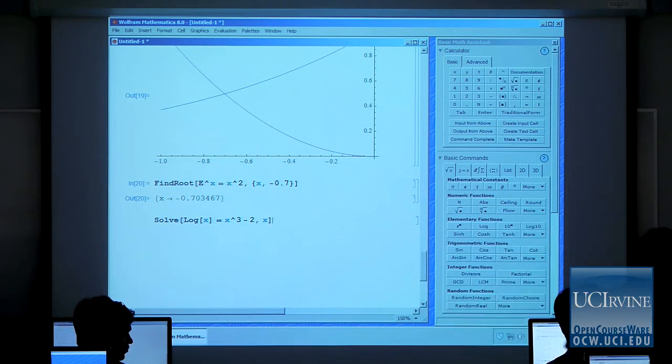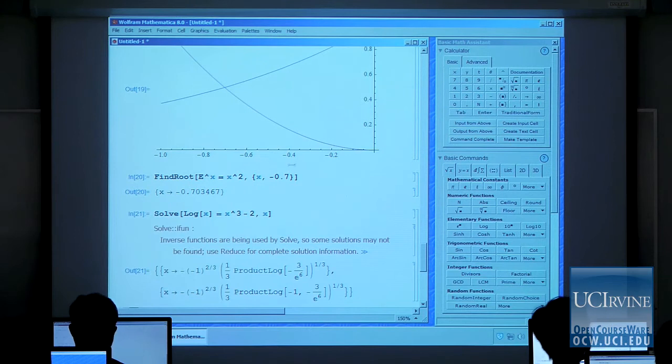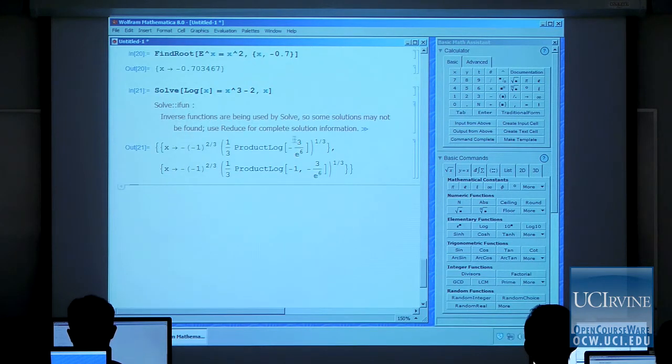So let's try that one, and we get this funny product log thing again. So what do we do? Well, let's make a plot, and then we'll see approximately where the roots are, and then we can use find root to find them one at a time.